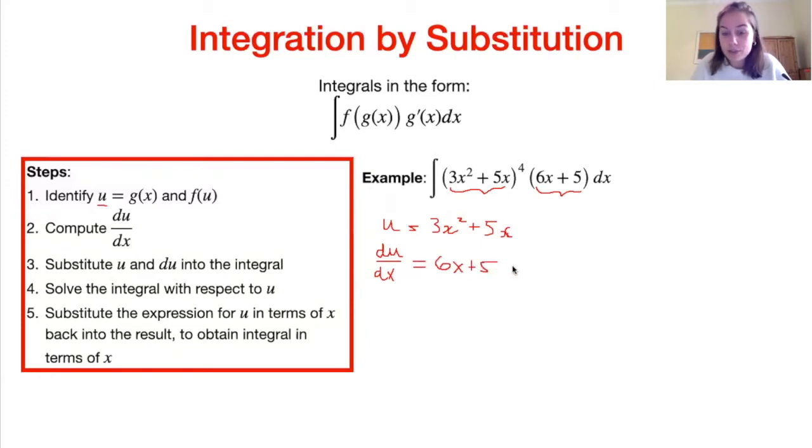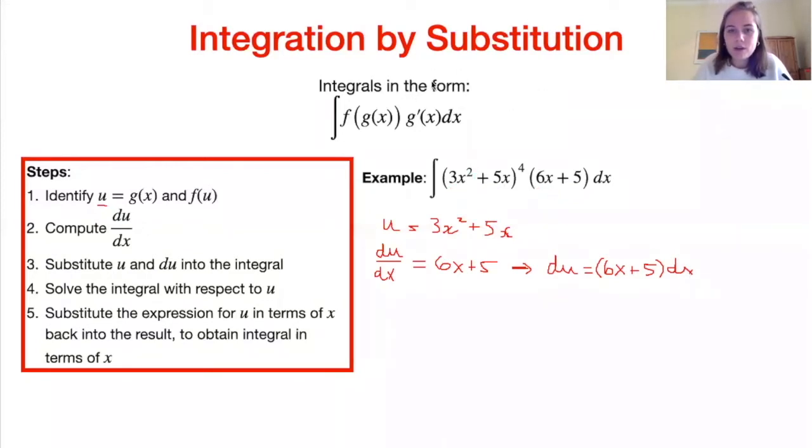And what I'm going to do is I'm just going to rewrite this in a slightly different form. I'm going to say du is equal to (6x plus 5) dx. So our third step is to substitute u and du into our integral. Well, how do we do this?